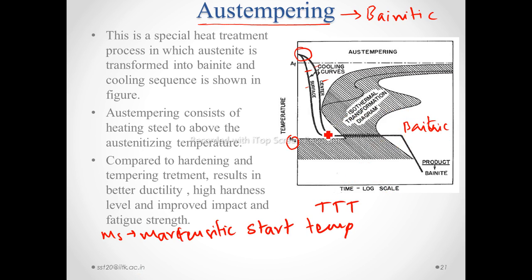So this is the overall cooling rate for the Austempering process, where we will get the bainitic structure.